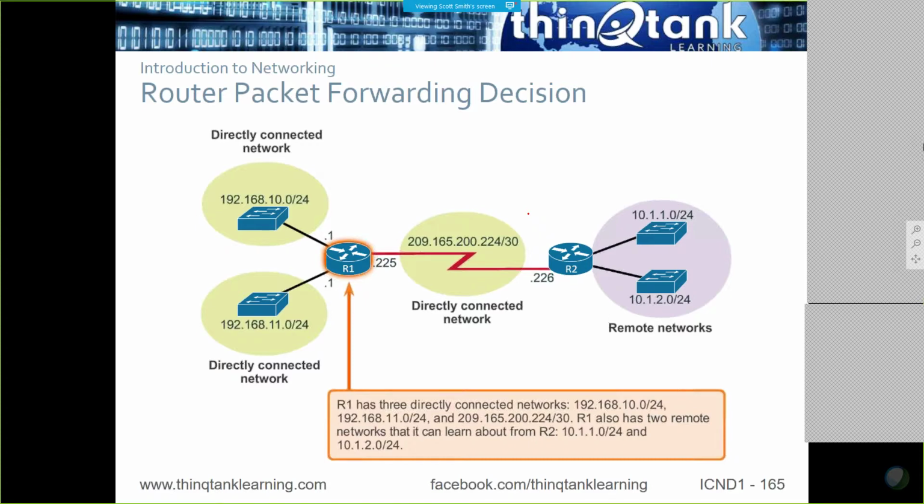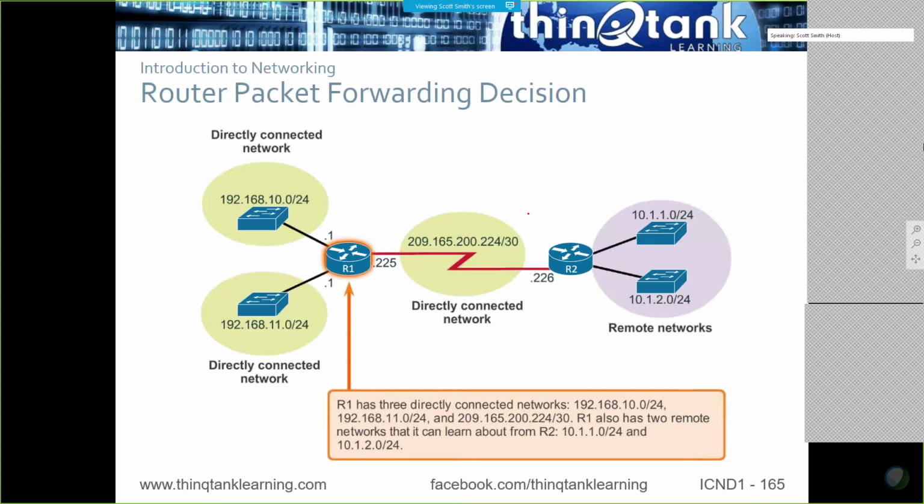Now, naturally, in order for R1 to reach R2, don't the connected networks have to be there first? In order for R1 to be able to reach R2, don't the connected networks have to be there first? You mean the switch connection?